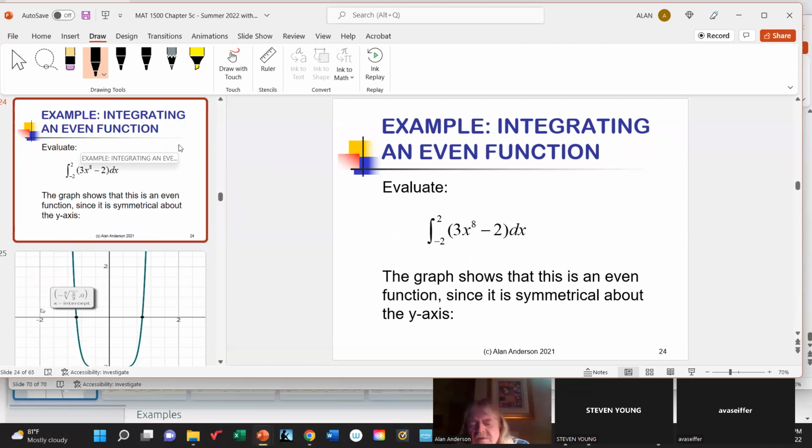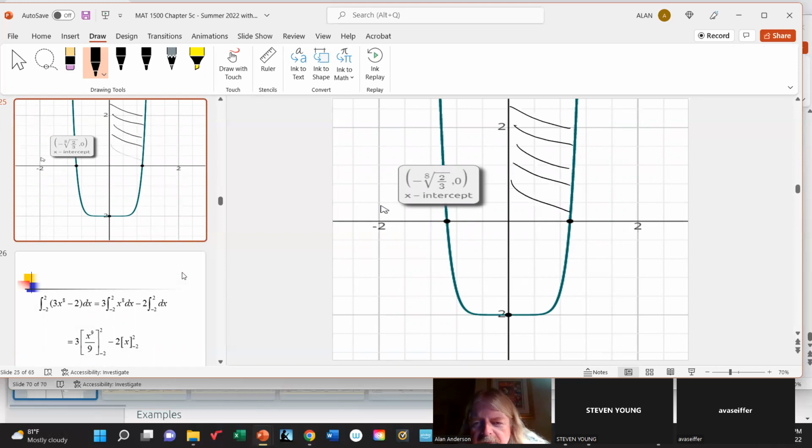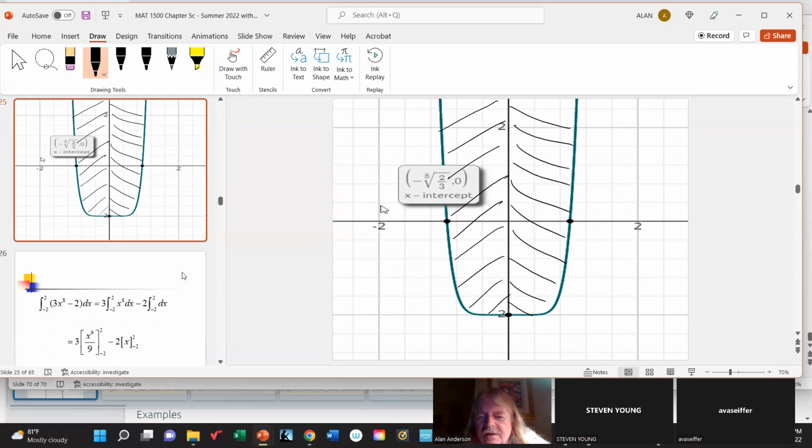Okay, now it's not always obvious by looking at these functions. You can prove formally whether it's even or odd or neither, but let me show you what the graph looks like. And you'll say, oh my God, yes, it's so obviously an even function. Because everything to the right of the y-axis exactly matches what's on the left side.